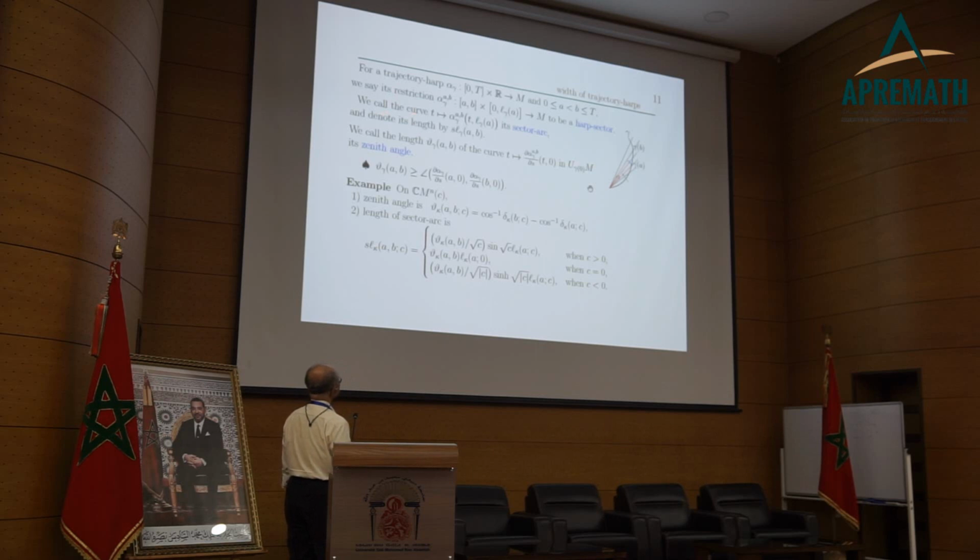We call this curve a sector arc, and this curve in the unit tangent space we call the zenith angle. The zenith angle is closely related to the string elevation. You can easily calculate and give an estimate like this.